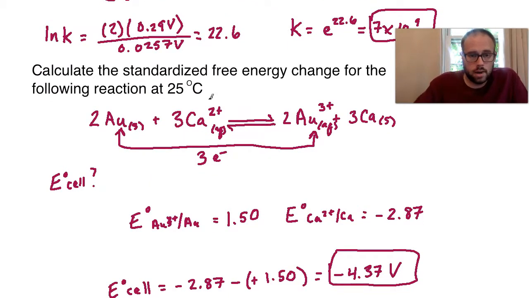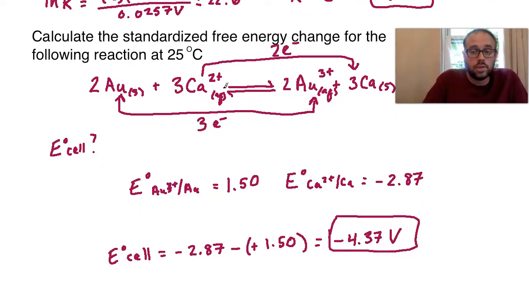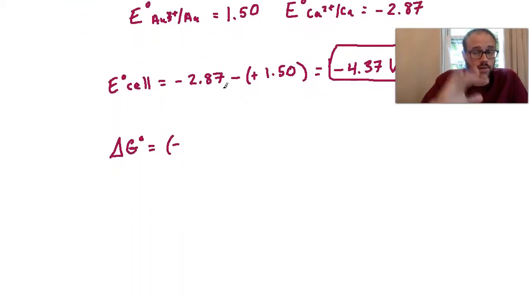Well, here, calcium is going to gain 2 electrons, whereas gold is losing 3 electrons, right? Now, gold is losing 3 electrons 2 times, so that's 6 electrons, and calcium is gaining 2 electrons 3 times, so that's 6 electrons. So the stoichiometric ratio of electrons, if I were to write all this out, would be 6. So that's the value that needs to go there.